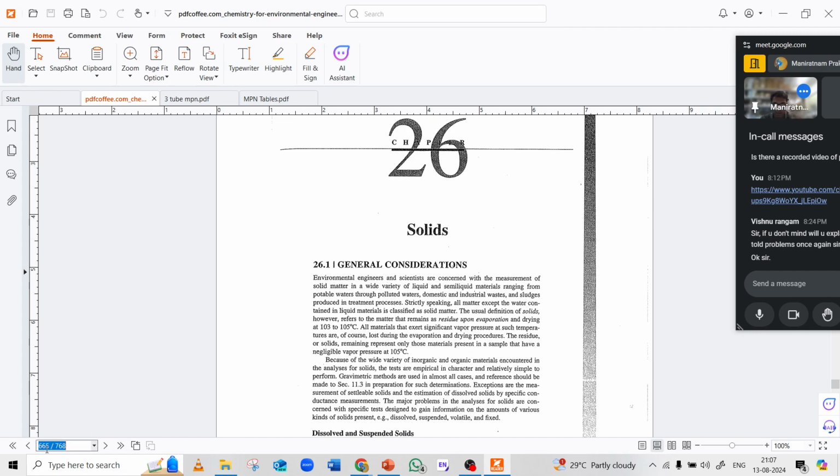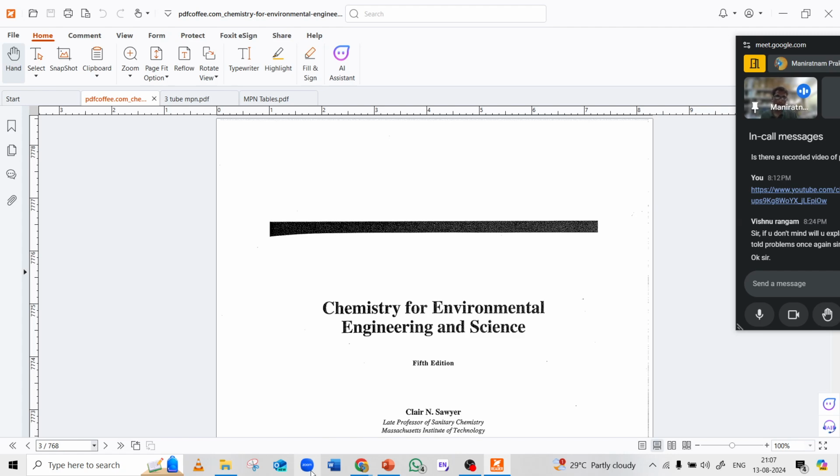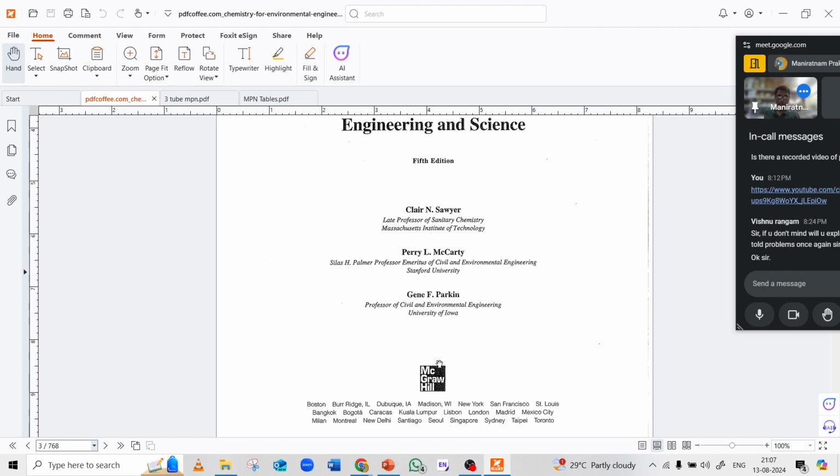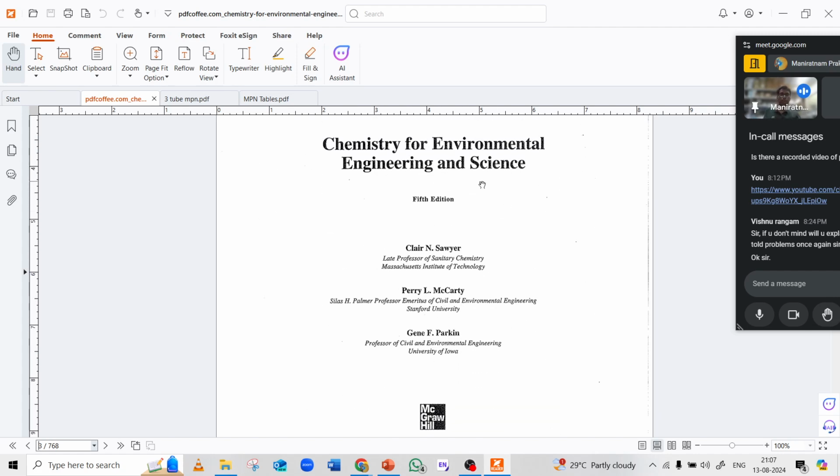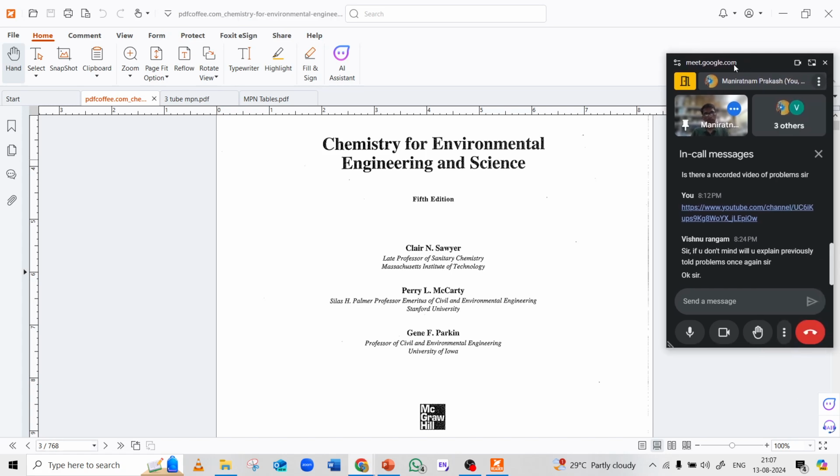You will get a very good idea of what I was saying. Okay, now. The book name is this. Take a screenshot of this book, Chemistry for Environmental Engineering and Science by Sawyer and McCarthy. Just take a screenshot. Whatever I was saying can be found in this book.